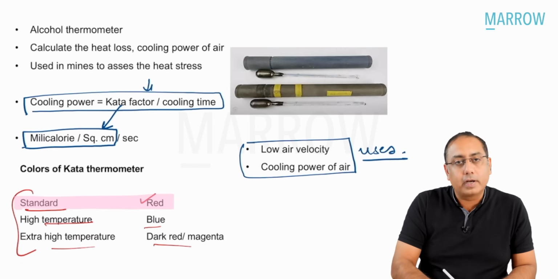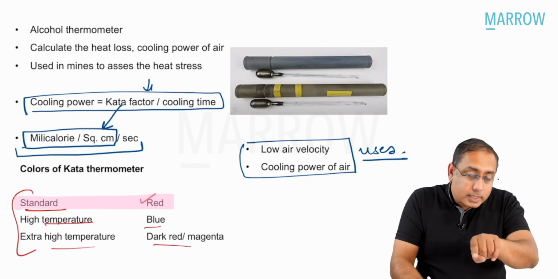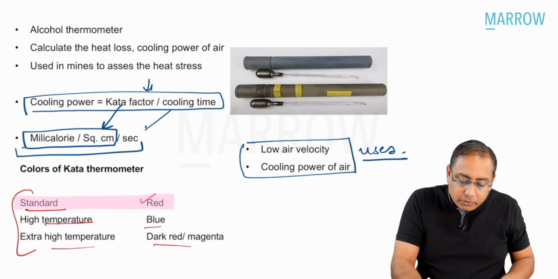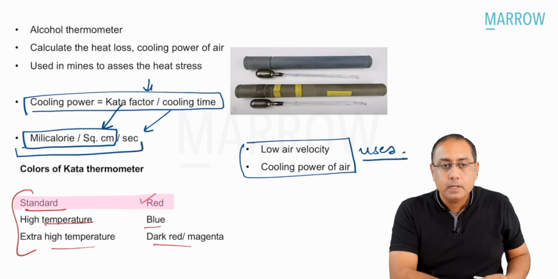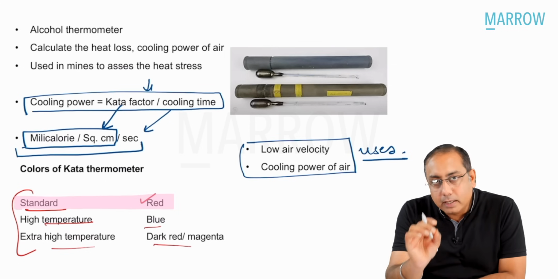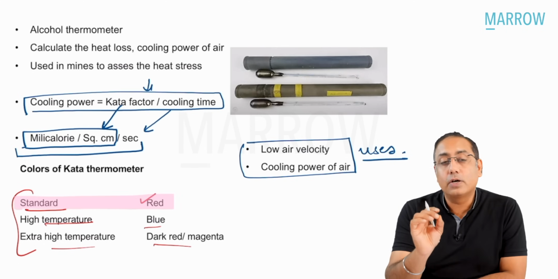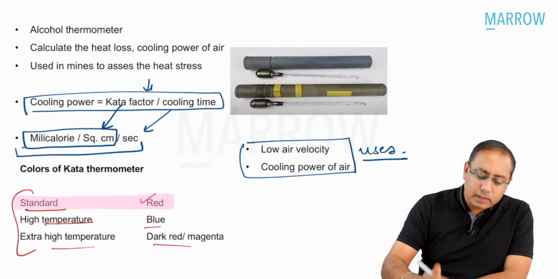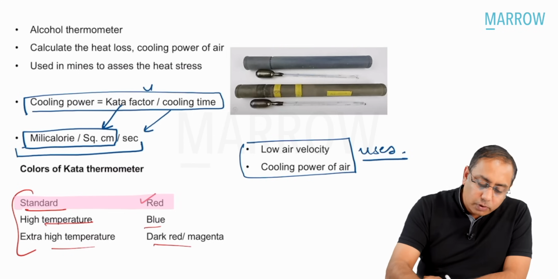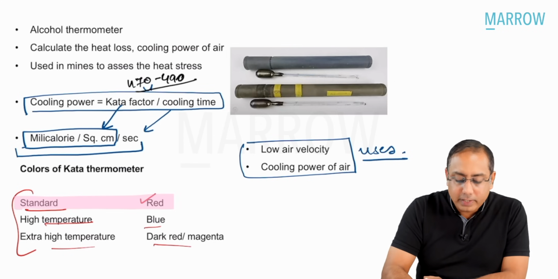So the cooling power is read as millicalories per square centimeter per second. Why per second? Because cooling time is per second. This is how we calculate the cooling power. The Kata factor is almost always fixed. It is almost always around 470 to 490. Roughly we take it as 480.